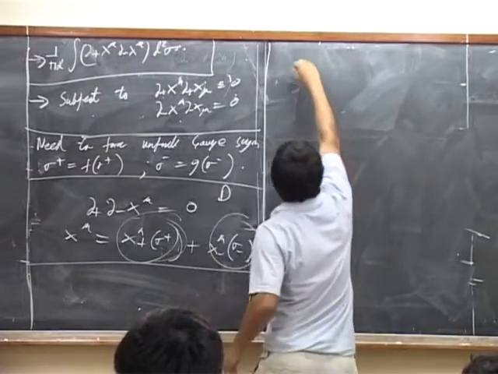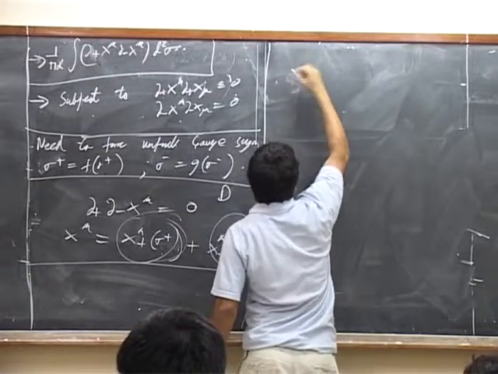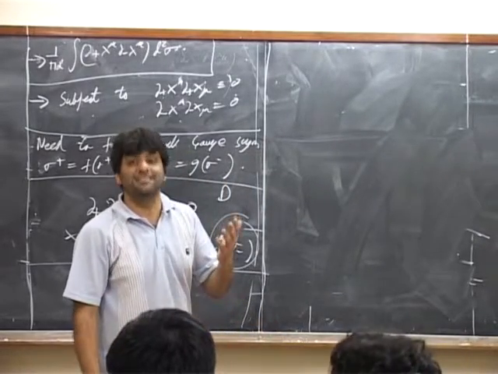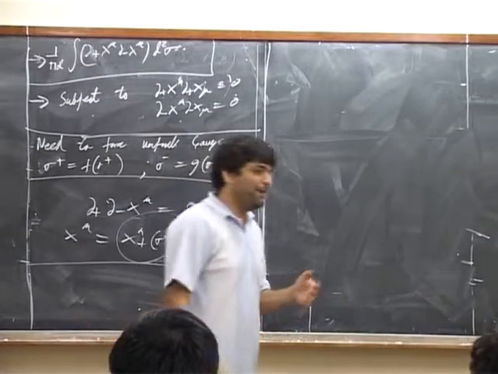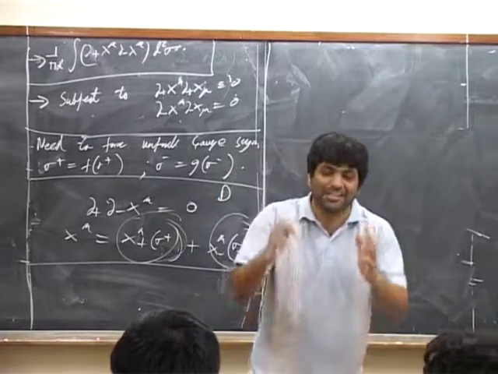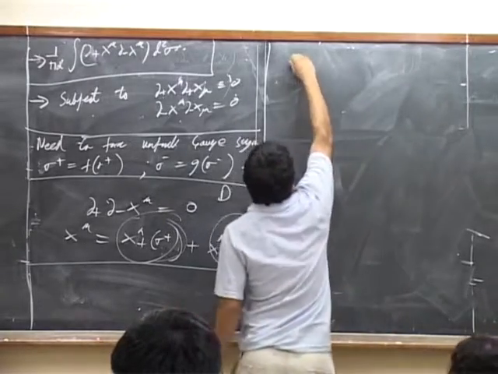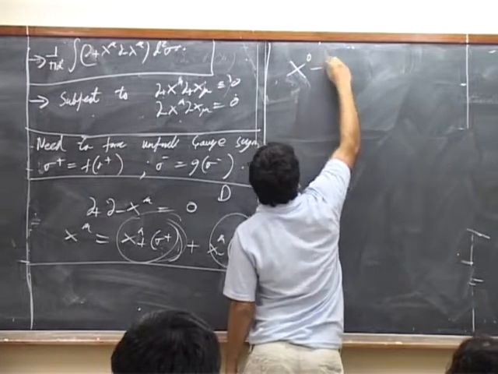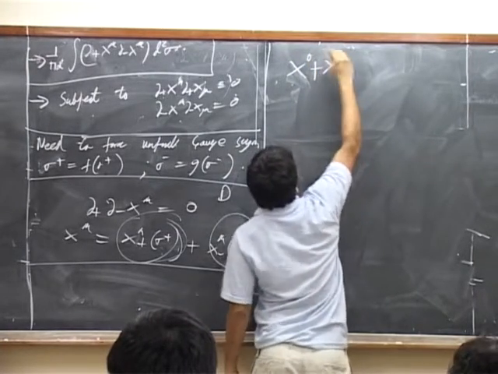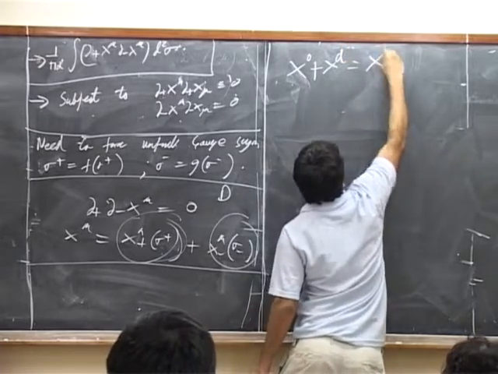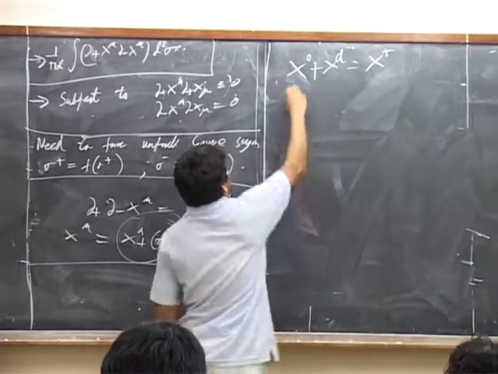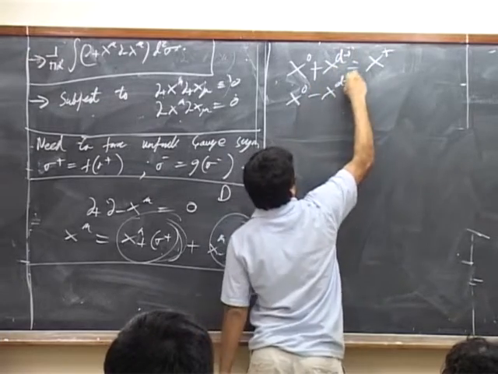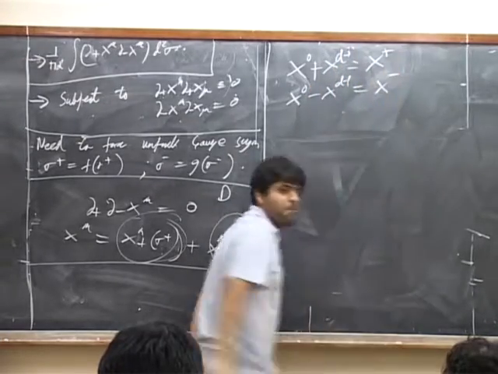I'm going to fix it by doing something that you might think is a little weird, but it was hit upon by trial and error, and it's a good thing to do. So let me define x plus as x 0 plus x D minus 1, and x minus as x 0 minus x D minus 1.